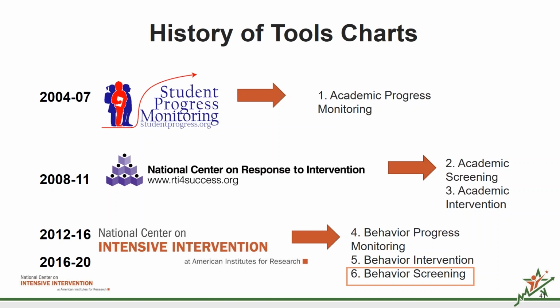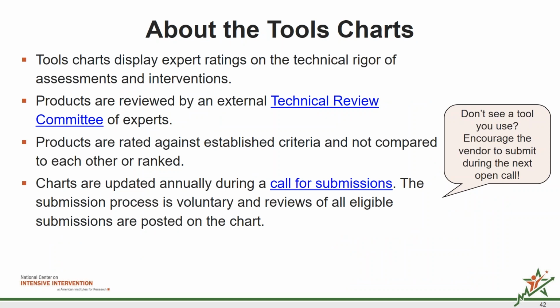And then under NCII, as I mentioned before, the importance of behavior was also a really key factor, so we've decided to expand the charts to look at behavior as well. So you'll see the addition of behavior progress monitoring, behavior intervention, and now behavior screening. I'll also note that the academic screening chart got moved over to the NCII website this year as well to enhance that connection and the importance of screening.